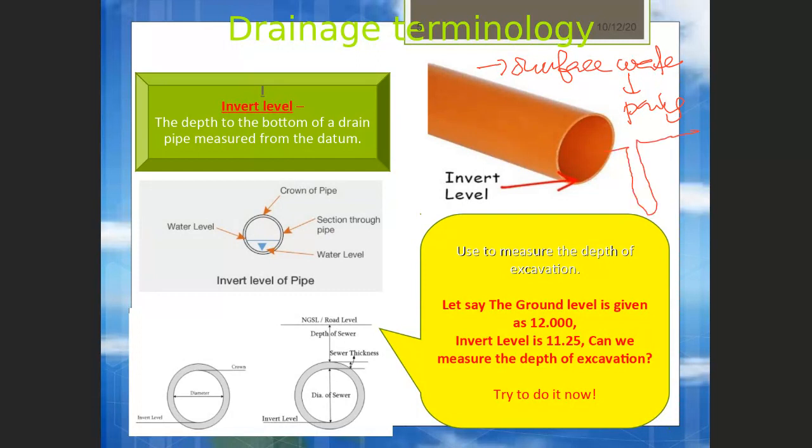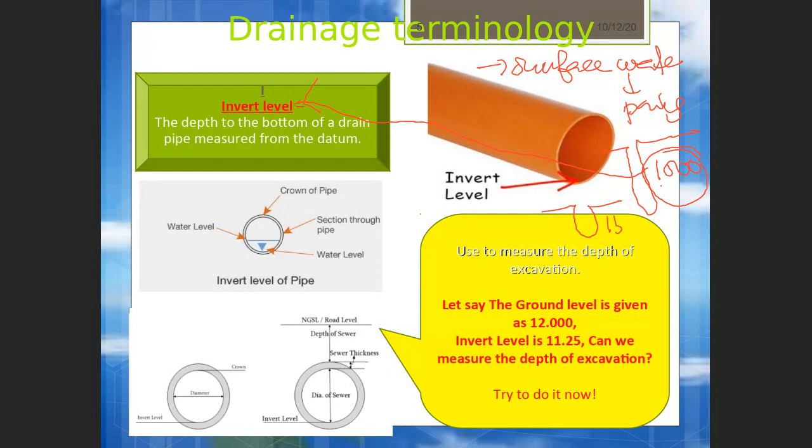But for the perimeter drain, maybe just 100 mm or 150 mm. This one can be maybe 1000, about 1 meter deep. Okay, so if you have this kind of drawing, with this kind of depth, you have to consider the invert level, because if you are given the information on the invert level, you have to state that information in the description. What is invert level?